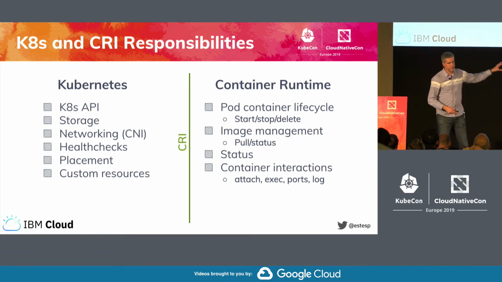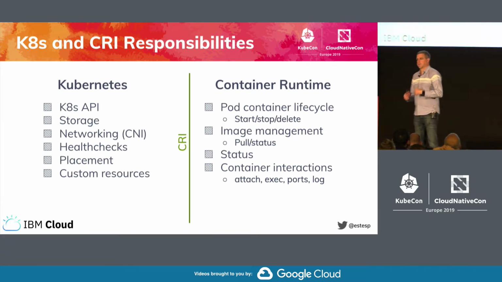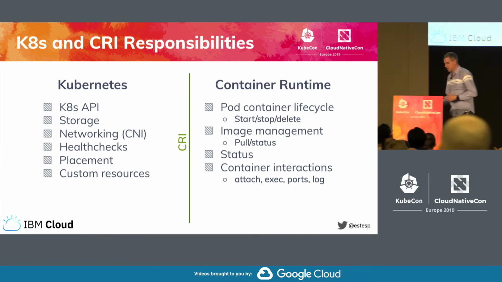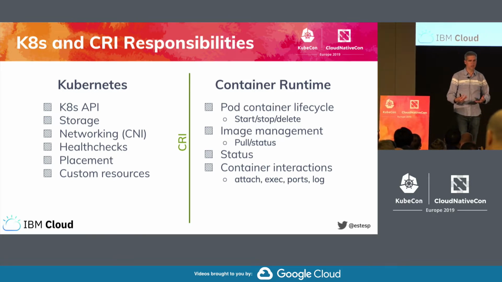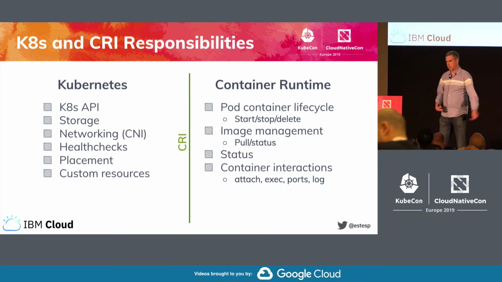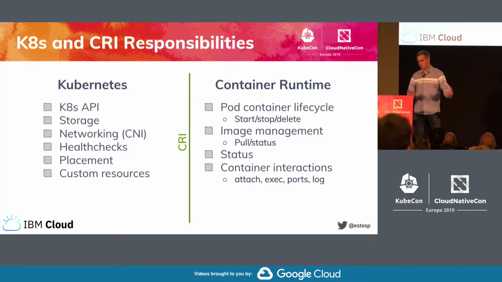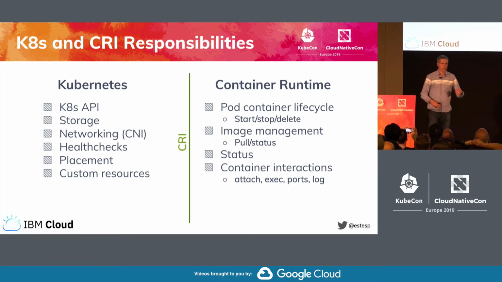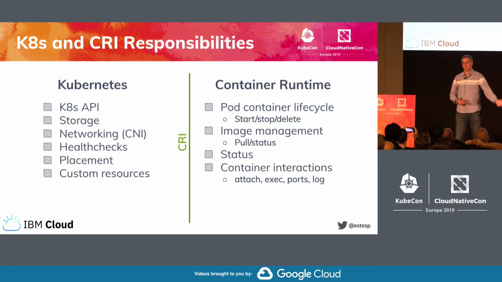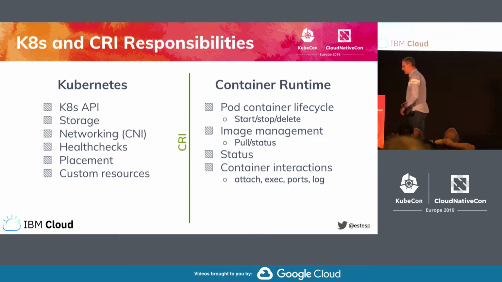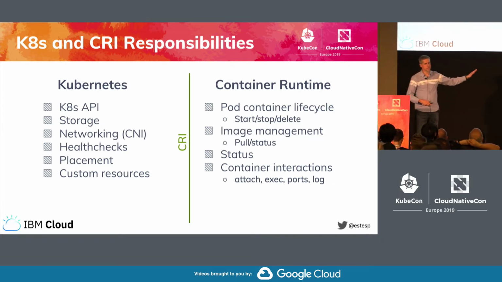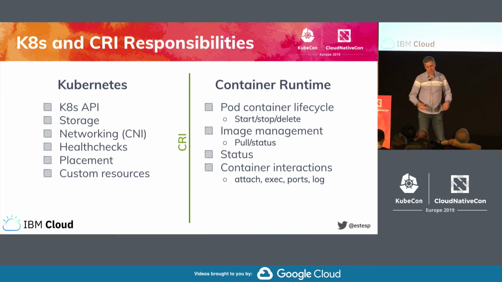Just briefly, obviously the runtime has certain responsibilities that really are around the pod lifecycle itself. Starting pods, stopping pods, status, pulling images, do I have this image, where are the logs, exec me a process. Everything else is handled by Kubernetes, all the orchestration.